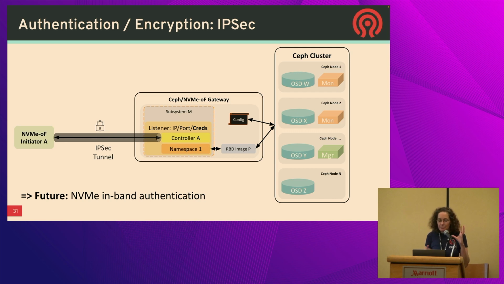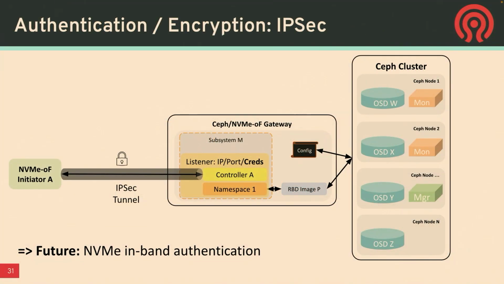This actually gives the responsibility to the user and not on us to do the encryption. The user will need to set up the IPsec tunnel and make sure all the credentials are passed. And also, if you notice, this doesn't handle any authentication because IPsec doesn't pass identity information.